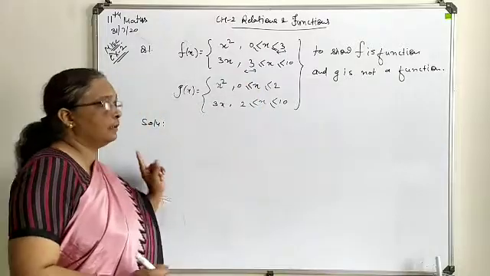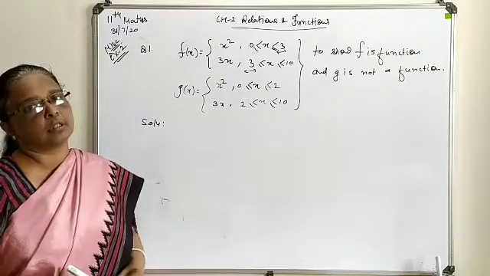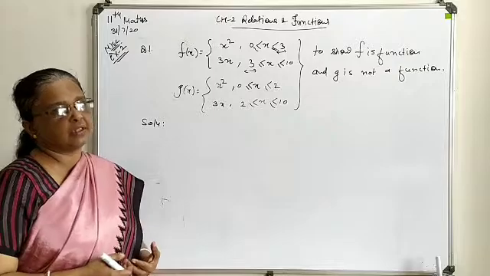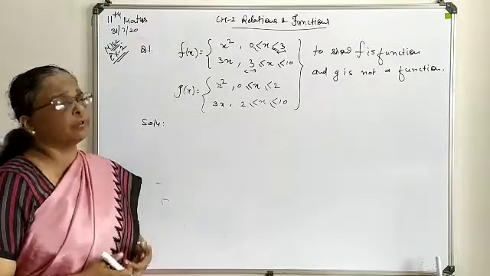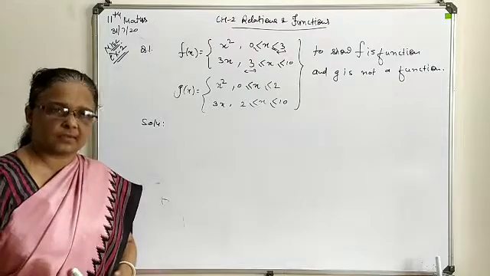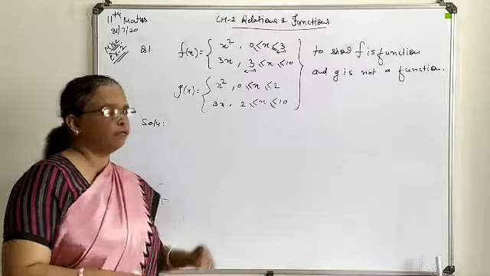So for a single value of x, the function value in your second set should come out the same. If it differs, it will not be considered a function. If in both cases it comes out the same, the relation is considered a function.